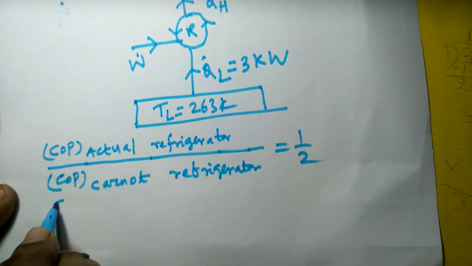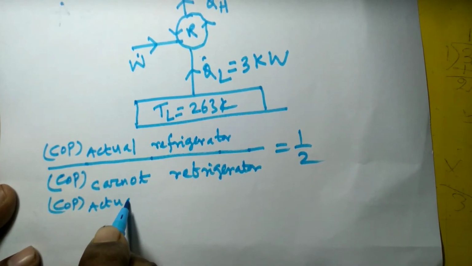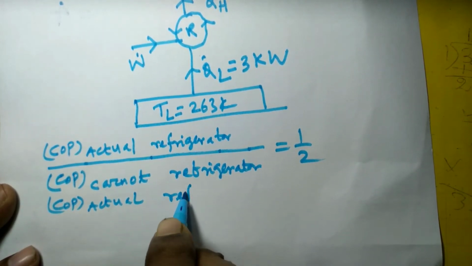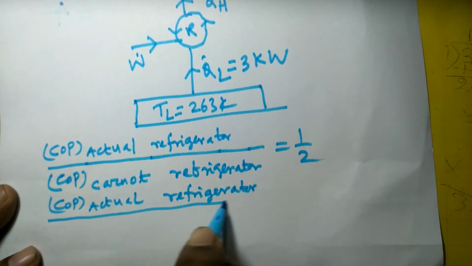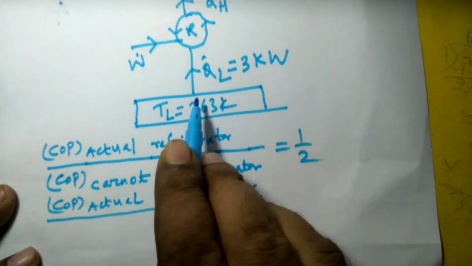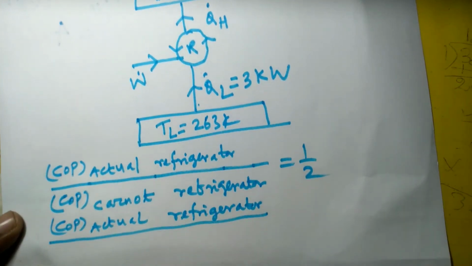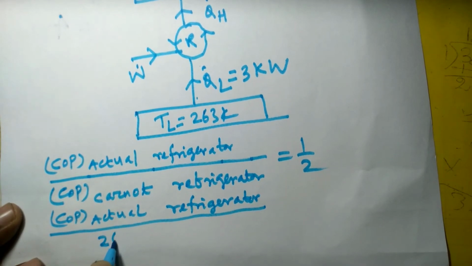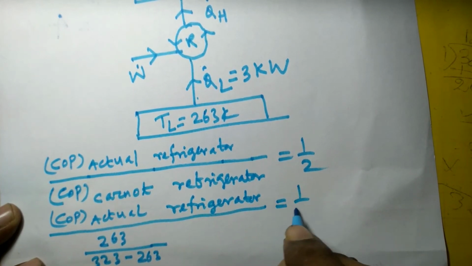So that means the COP of the actual refrigerator divided by the COP of the Carnot refrigerator, which is TL divided by TH minus TL, that is 263 divided by 323 minus 263, is equal to 1 by 2.